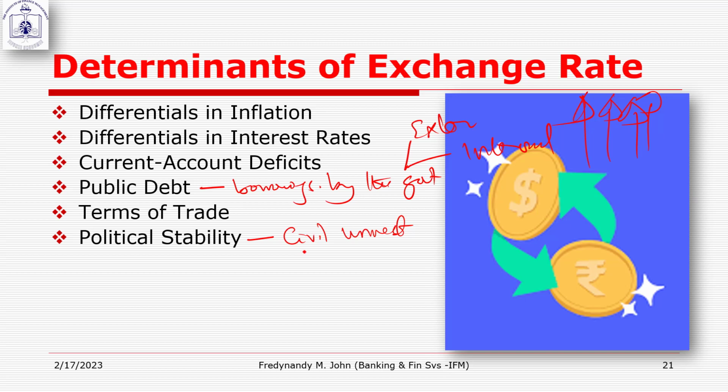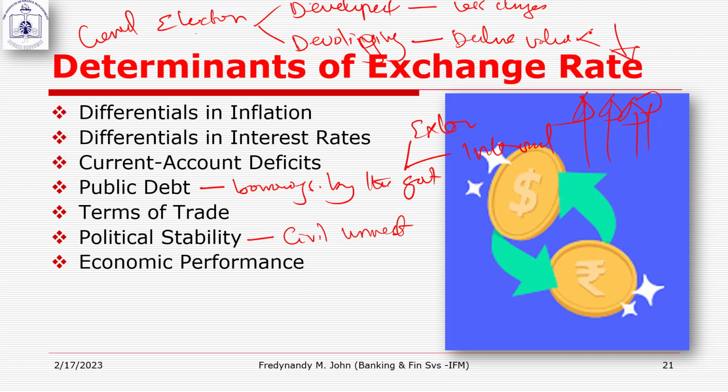See some instability in Congo DRC. Some instability in Uganda. That can show you how political instability can lead to a weaker currency. But if you are politically stable, then your currency will continue to appreciate in its value.